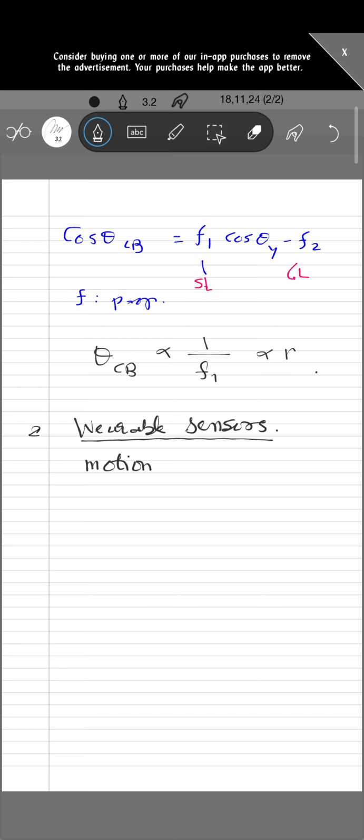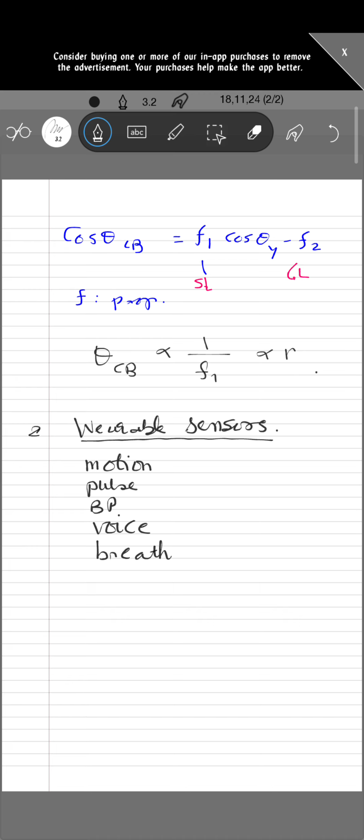Then the pulse, the blood pressure, and voice, then breath, and so on and so forth.